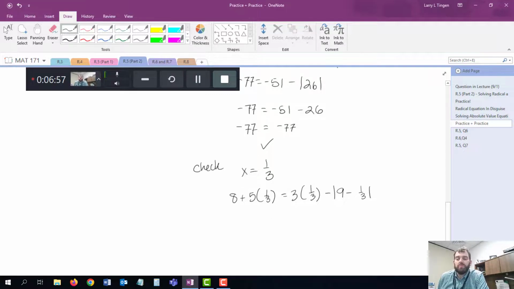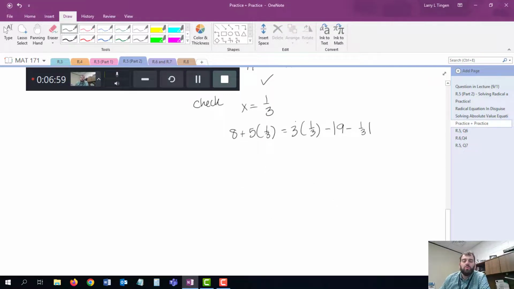All right, and we're gonna do some work here. Let's get those fractions handled. 5 times 1/3 is 5/3. Nothing interesting there. 3 times 1/3 is 1. That's nice. Absolute value 9 minus 1/3. I cannot clear the fractions inside the absolute value.